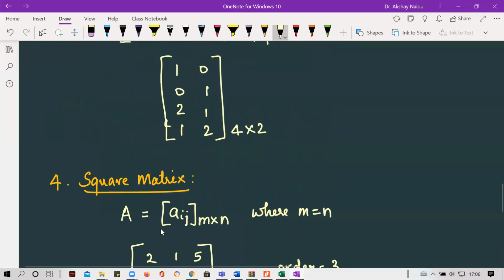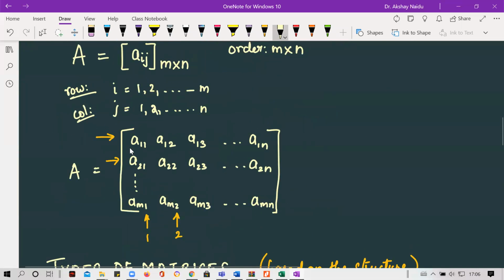That means, see here, in a diagonal matrix the diagonal elements will always be A11, A22, A33, and so on.